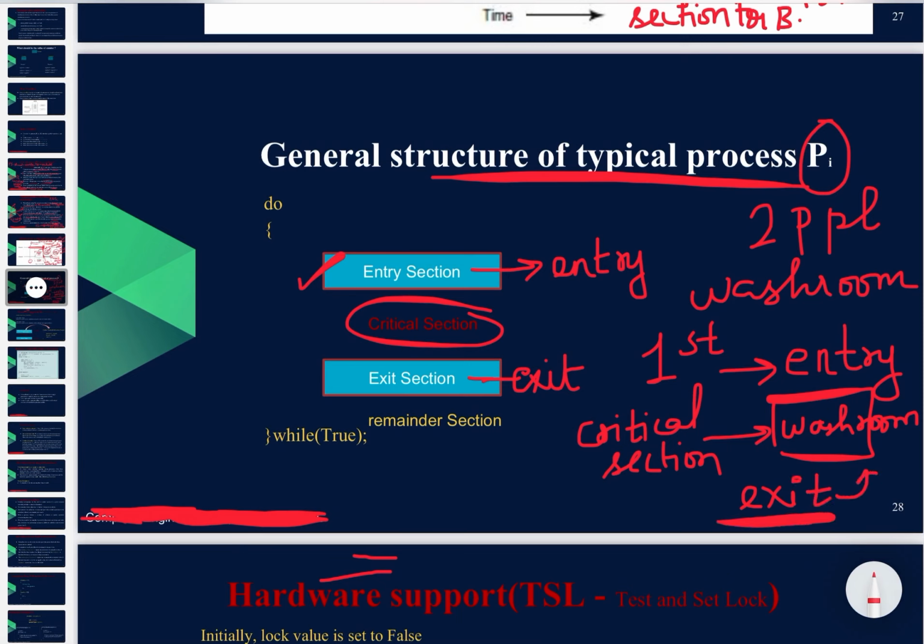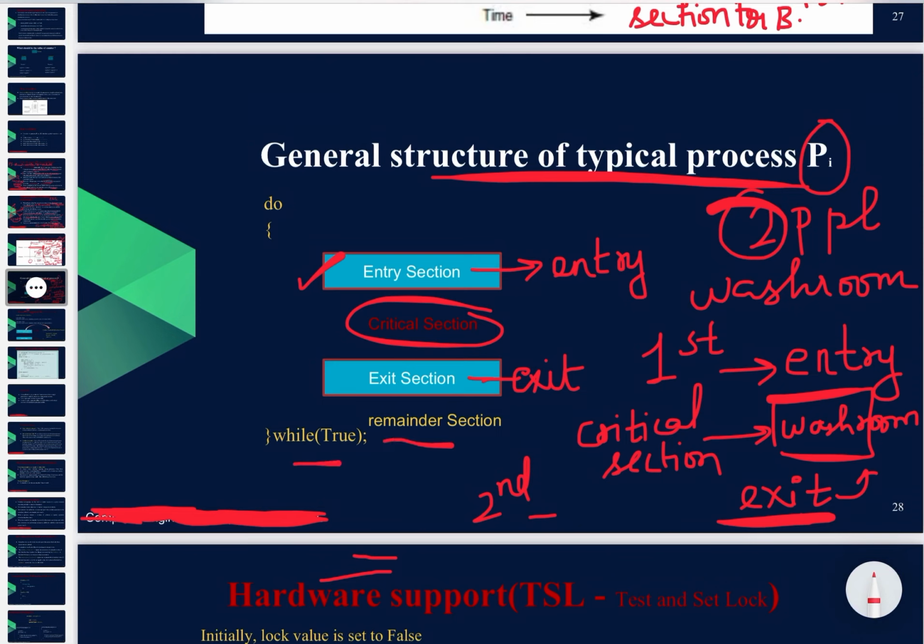When they exit the washroom, only then the second person understands that the washroom is now not occupied. Till then it shows the sign of occupied. That means till you don't leave the exit section, till that time no other process will be allowed.